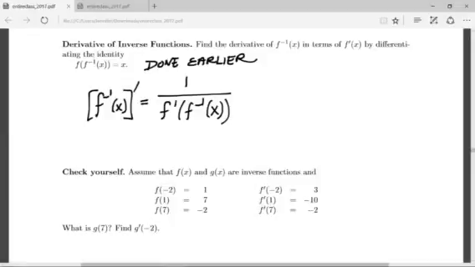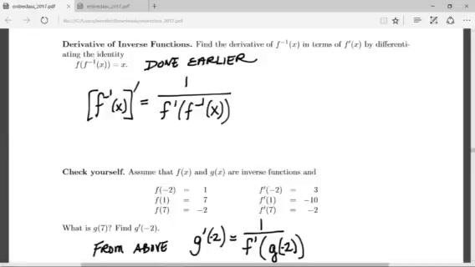F and g are inverse functions. So from above, we know g prime at -2 has to be 1 over f prime evaluated at g of -2. Now we have to use our knowledge of inverse functions to figure out what g of -2 is.